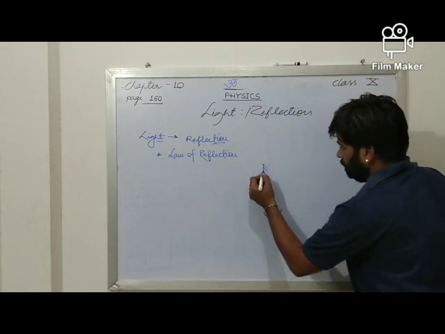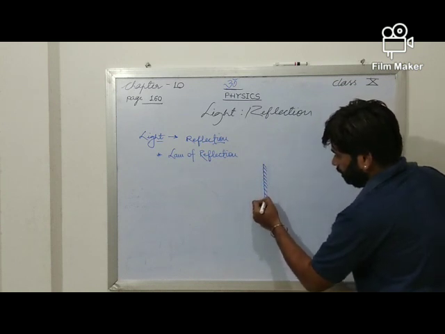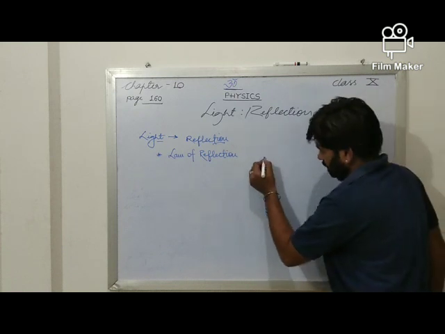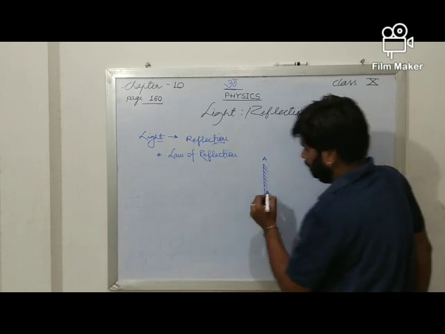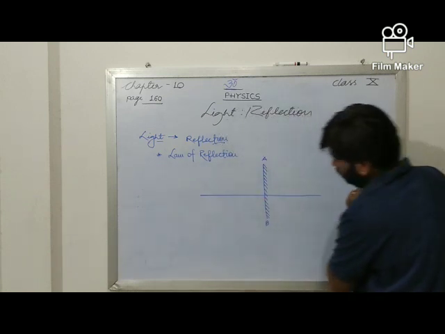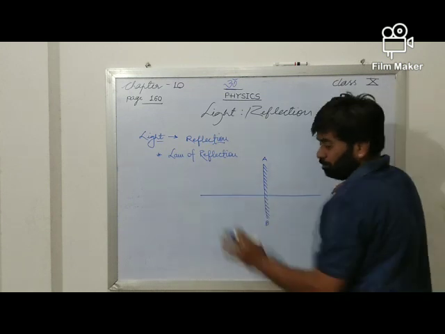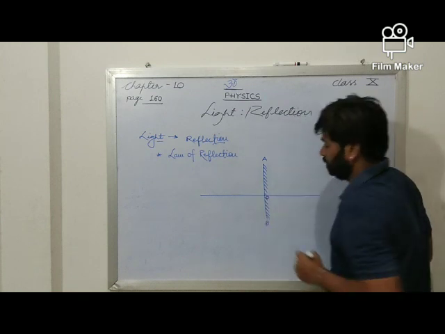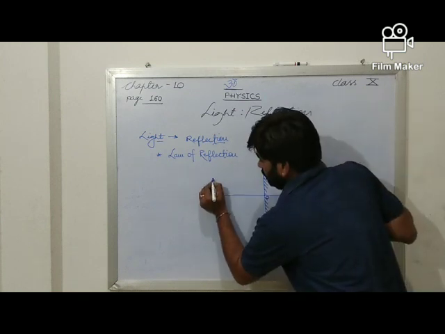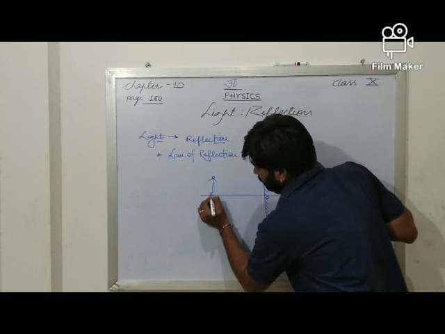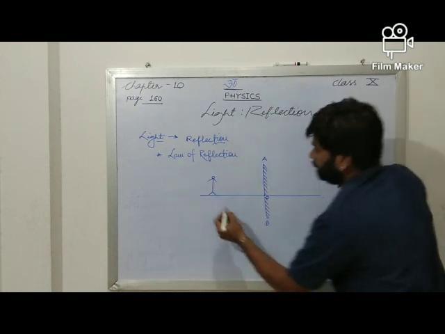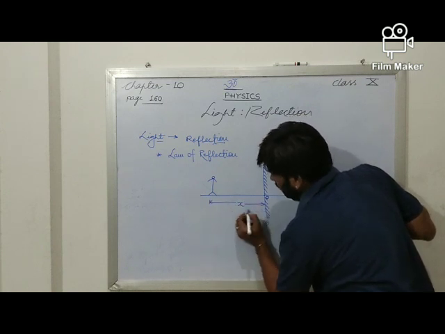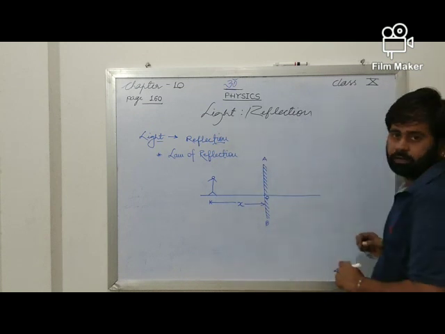Suppose this is the mirror, say A and B. Now, this is the horizontal line over which we are going to place our object. Say this is the point O. Now suppose an object is placed here, or we are standing at a particular distance, say x meter from this mirror.